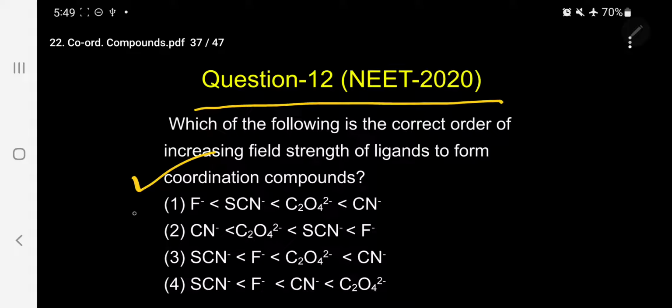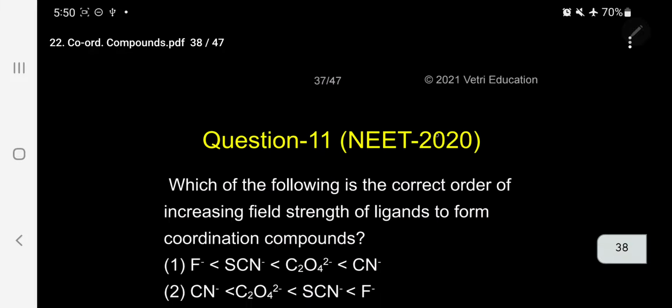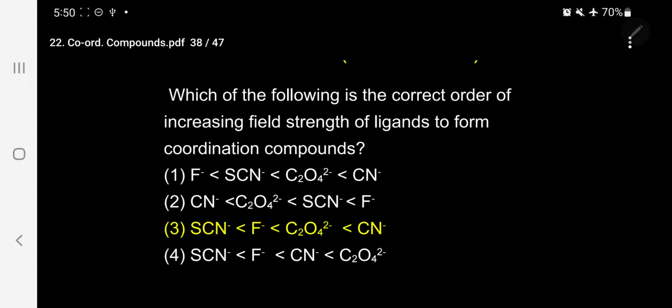So there are 4 options given. 1: F minus, lesser than SCN minus, lesser than C2O4 2 minus, lesser than CN minus. 2: CN minus, lesser than C2O4 2 minus, lesser than SCN minus, lesser than F minus. 3: SCN minus, less than F minus, less than C2O4 2 minus, less than CN minus. 4: SCN minus, lesser than F minus, lesser than CN minus, lesser than C2O4 2 minus. From memory we have to find the correct answer.